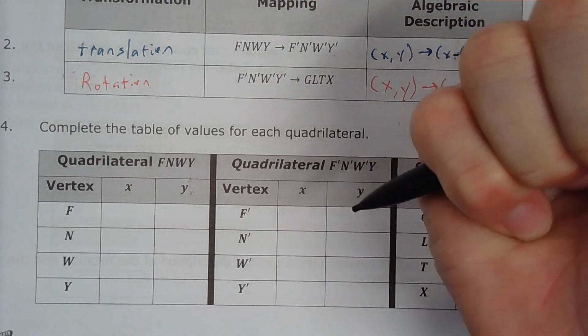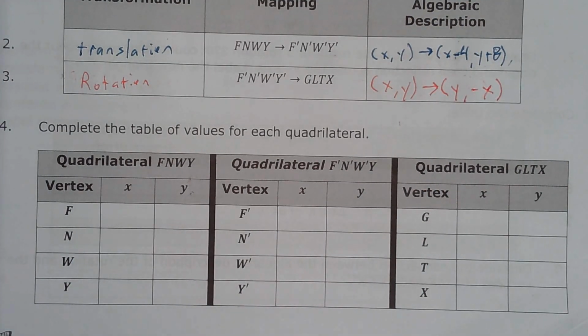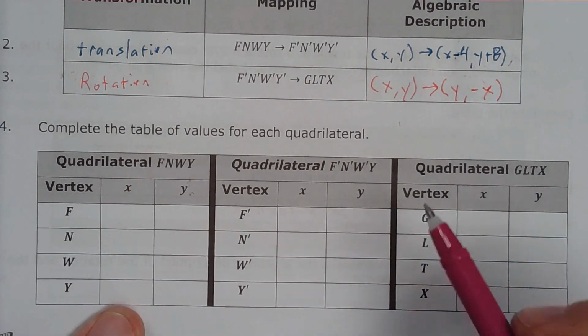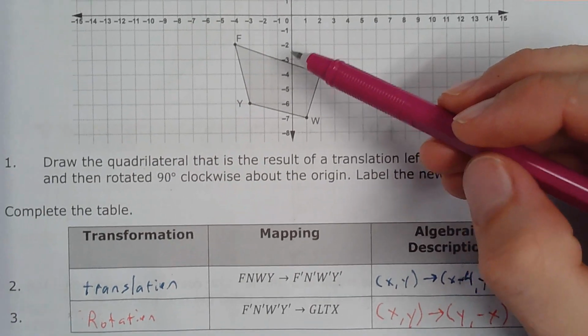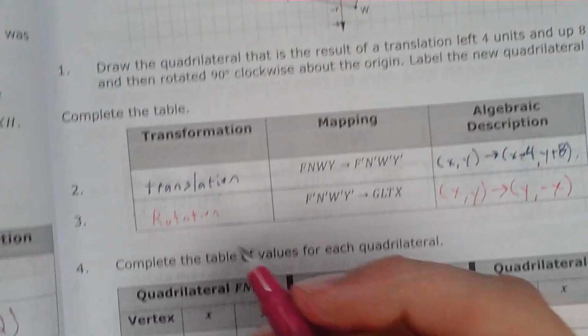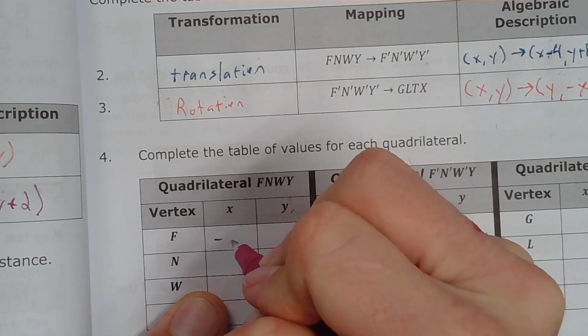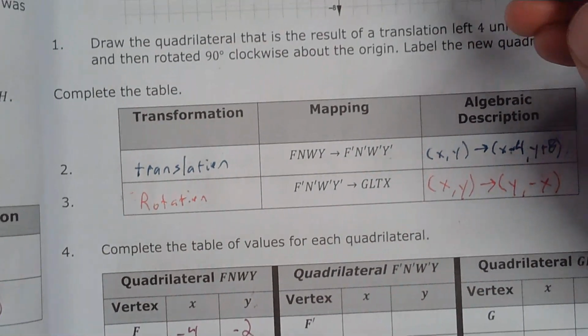So I'm going to use black or pencil, I guess. Maybe I won't use pencil. Okay, I'll use purple to find our original points. So my F point is negative 4 comma negative 2.